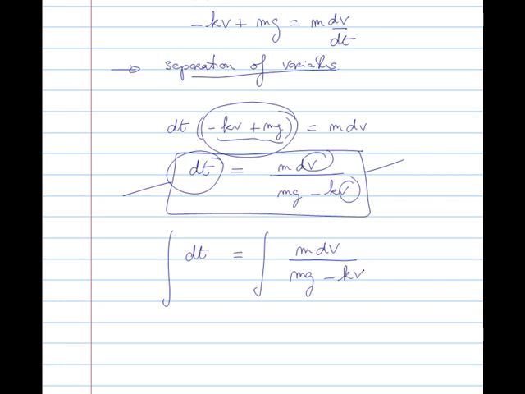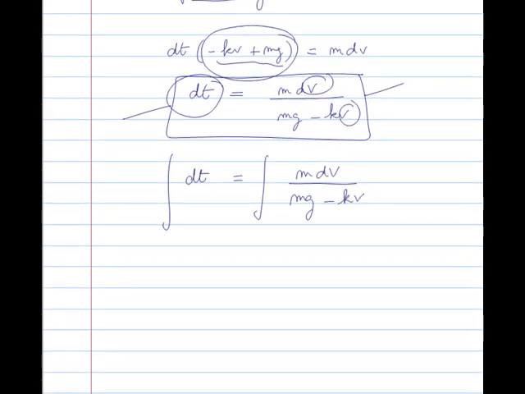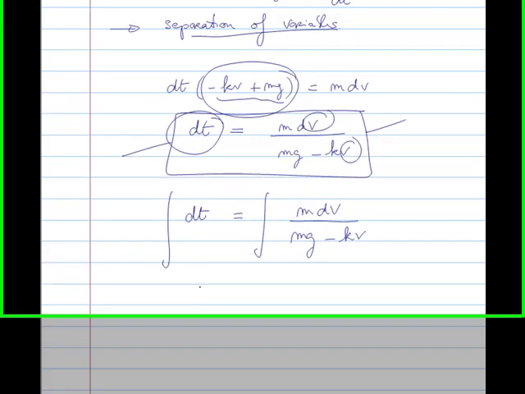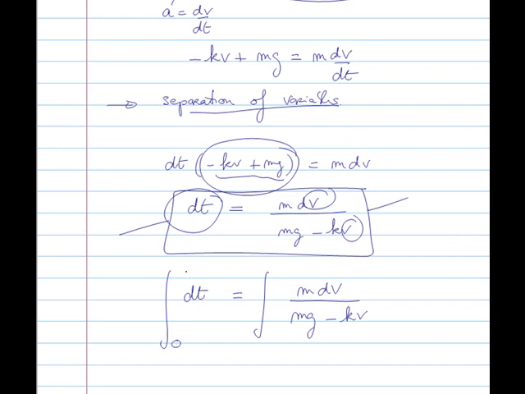And this just reduces to a math problem. So my initial condition is going to be t equal to 0, and I'm going to integrate all the way up to time t. Now this is mathematically incorrect, so I need to change my dummy variable to another name. Let's call it t prime. Similarly, v is my dummy variable on the right hand side, so my initial velocity is v naught, and I'm going to put my variable on the top.